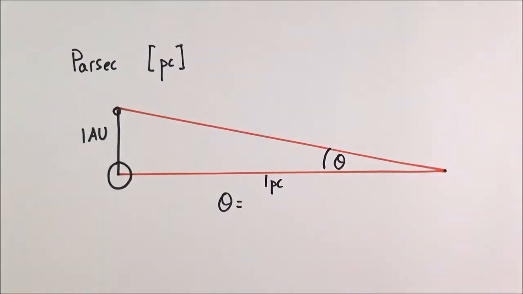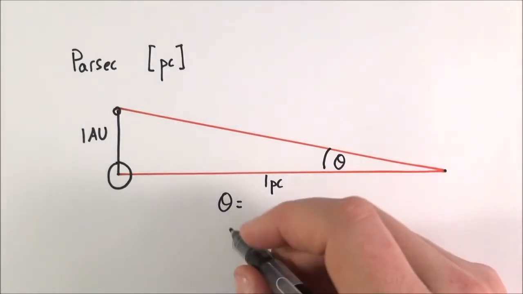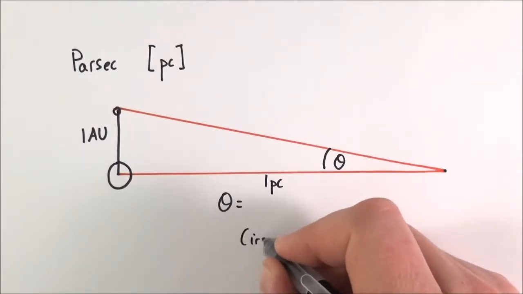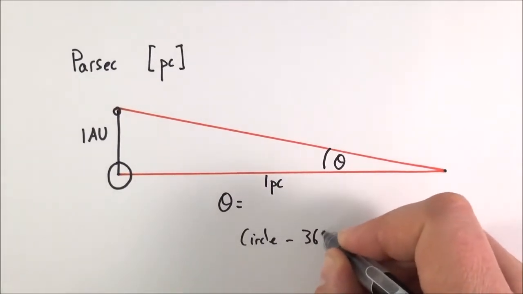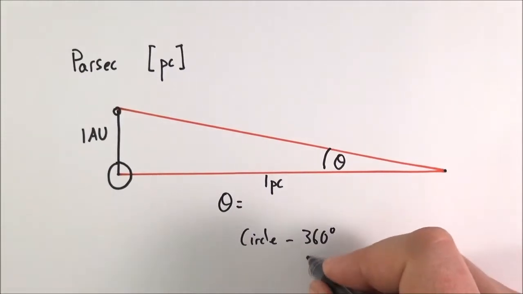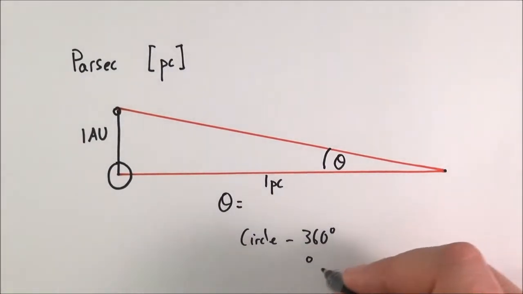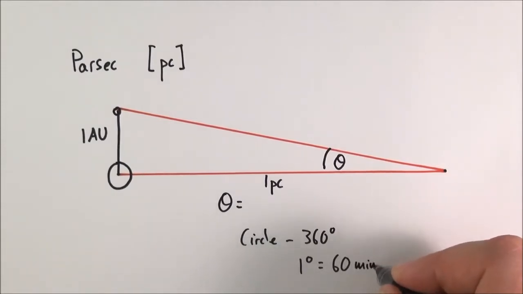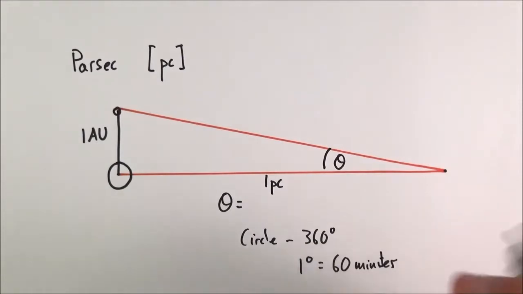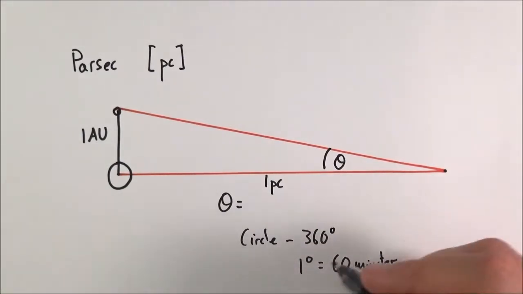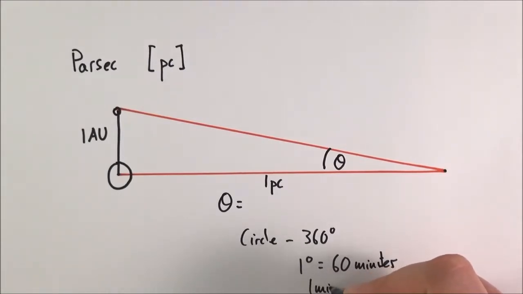So what is 1 second of arc? Well, basically inside a complete circle, we have 360 degrees. Now 1 degree is basically equal to 60 minutes. So we can take this 1 degree and split it into 60 pieces, and then we can think about splitting each of these minutes a bit further down. And what we can say is that 1 minute is equal to 60 seconds.